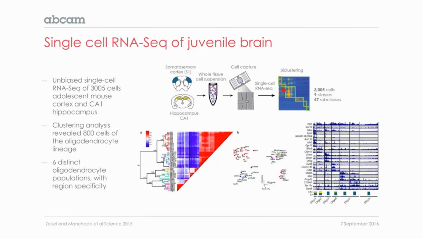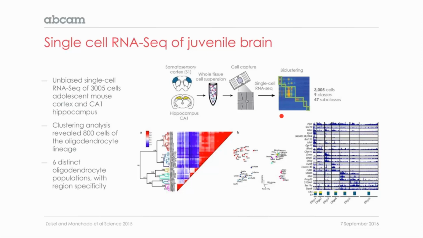And then applying backspin, as Amit described, 9 classes of cells within these 3005 cells were identified, among which different kinds of neurons, astrocytes, oligodendrocytes, and so forth.